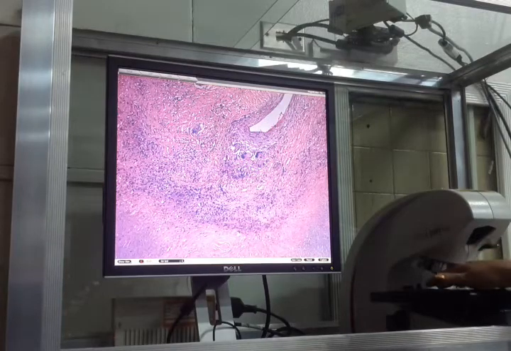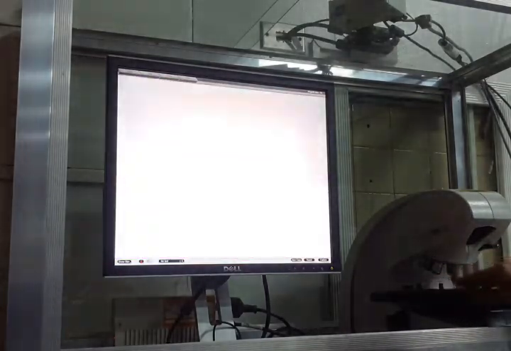A granuloma can be caused by fungal infections, schistosomiasis, foreign body, and in this case, Mycobacterium. But only Mycobacterium tuberculosis is associated with caseation necrosis in granulomas.